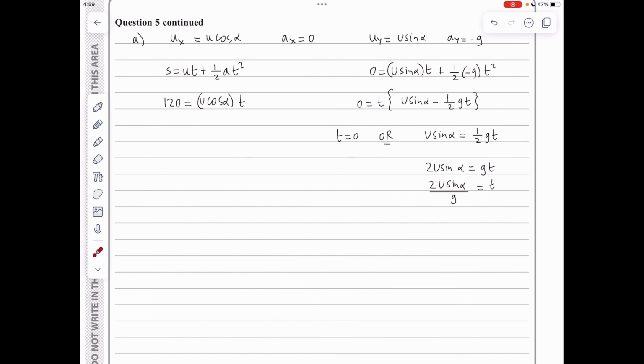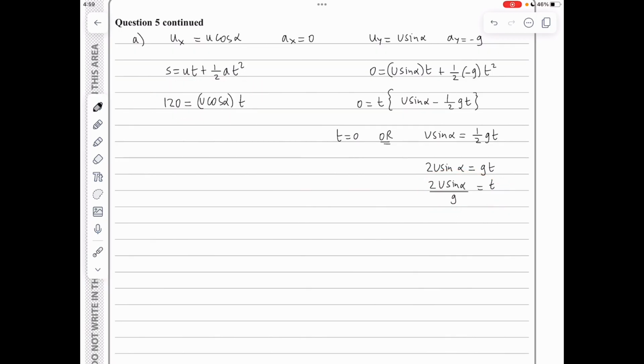Obviously, the solution t is 0 corresponds to the initial time when the ball is on the ground, and t is 2u sine alpha over g is the time when the ball hits the ground again, so that's the time of flight.